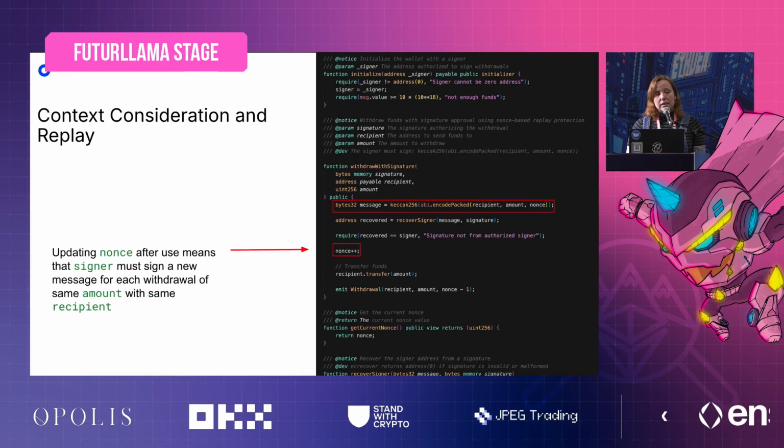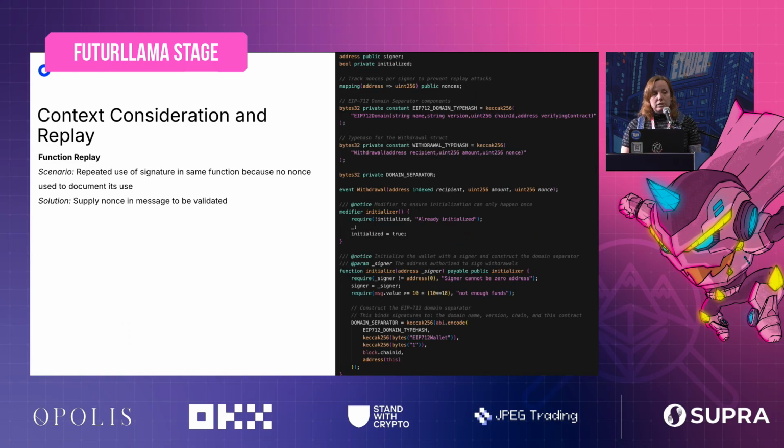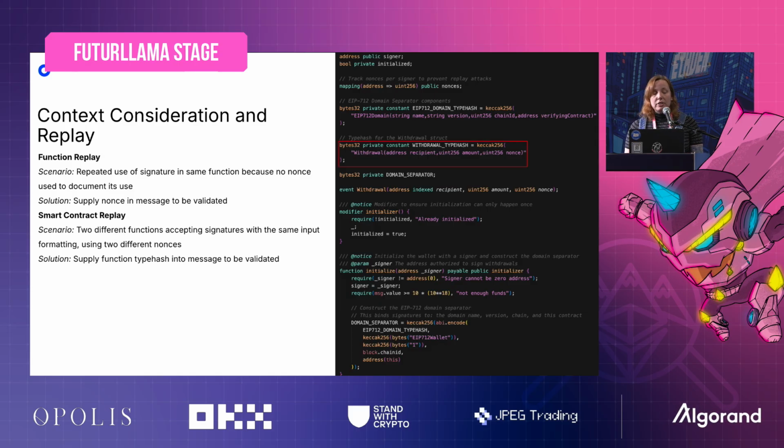And this nonce gets increased later on. This guarantees that we can never use the same signature again for this particular nonce. That is an example of function replay protection, that we have it protected from being replayed again within that exact function, right? But we have other things we need to consider.